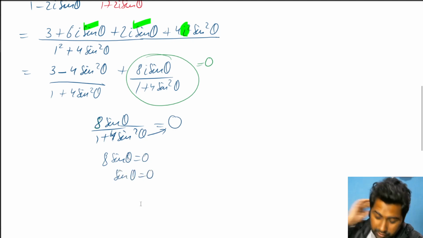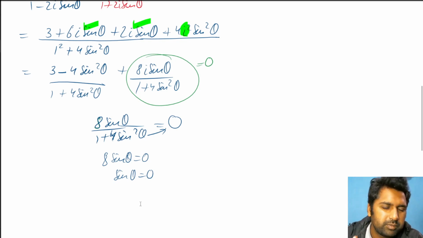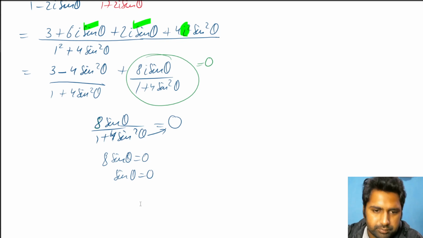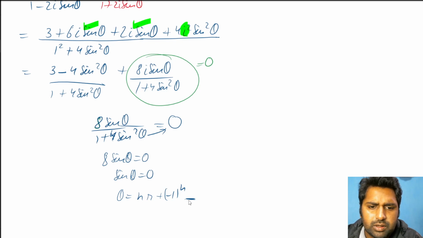Now sine theta is 0, how do you solve this? This is nothing but a trigonometric equation. I told you that if nothing is mentioned, you try to give your answer in general form, not just the principal values. So if you can recall how we used to write, theta is n pi plus minus 1 raised to power n, and then principal value. What is the principal value?